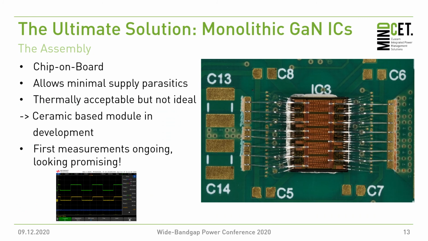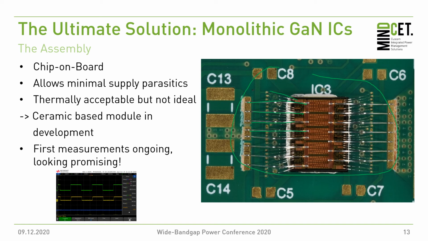So we have mounted this as a chip on board to be able to get maximal flexibility in terms of your signals. So the power is delivered by 125 micron bond wires and the signals through thinner bond wires. Now the chip on board solution is very nice to get flexibility for combining power and signals in a flexible way, and by this allowing to minimize the supply parasitics.